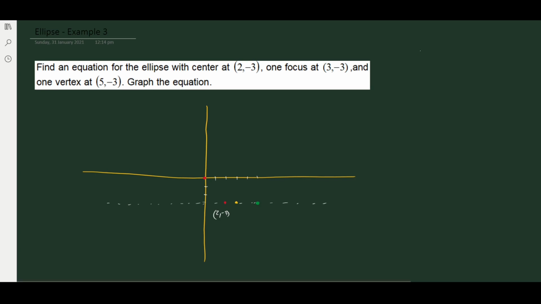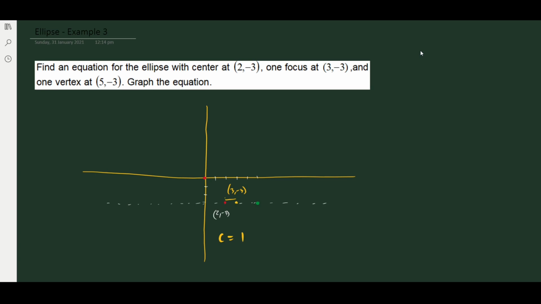So what is our c? The c is the distance from the center to one focus. The center is (2, -3) and the focus is (3, -3). So c is equal to 1, because 3 minus 2 is equal to 1.